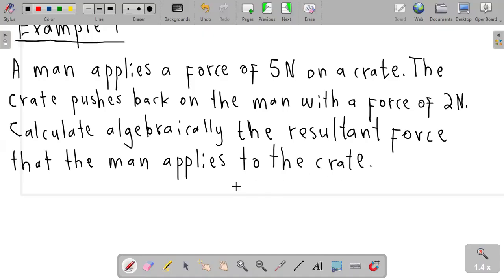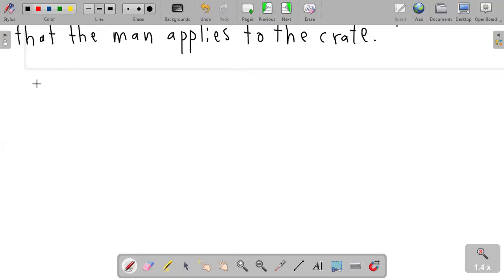So here is then what we're going to do. The solution here is going to be, the first thing, we choose a direction.